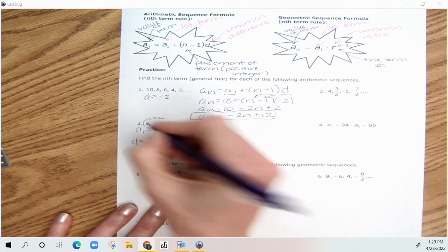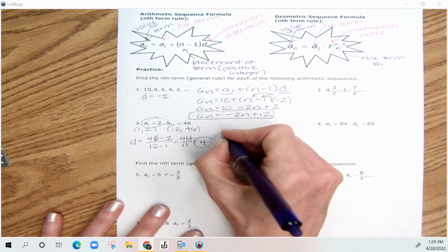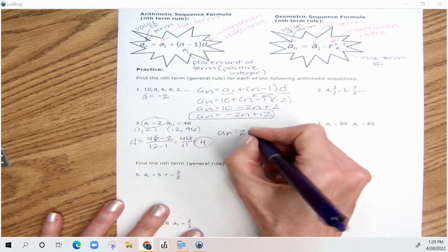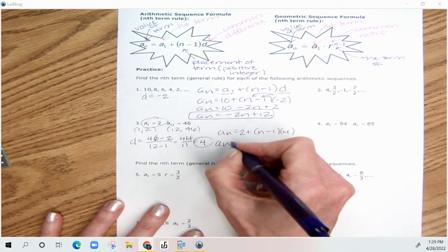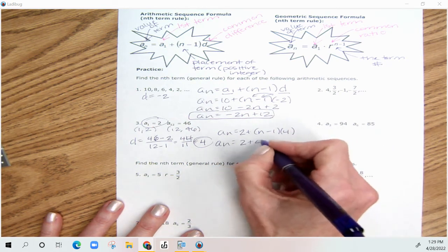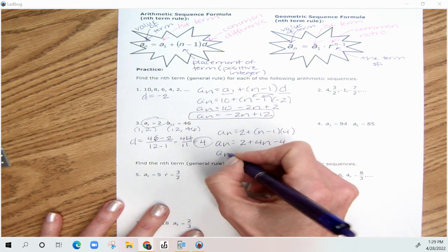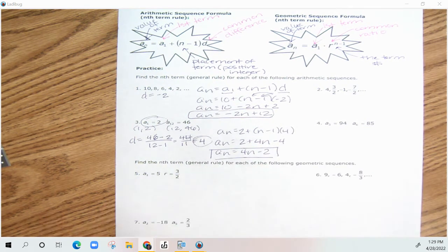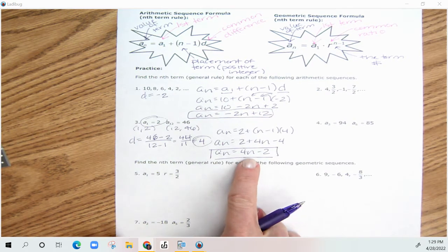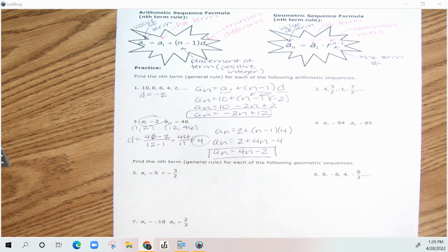Now I have a sub 1 and d is 4, so a sub n equals a sub 1 plus n minus 1 times d. Distribute the 4 and combine your like terms. And there's my general rule for this particular arithmetic sequence. So if I wanted to know, say, the 5th term, I can quickly just put 5 in for n, find out that that's 18. All right, so if you want to pause the video and try number 4.